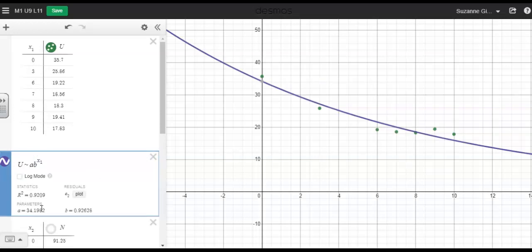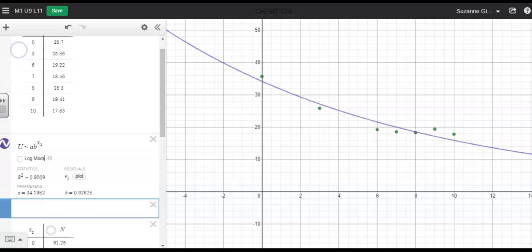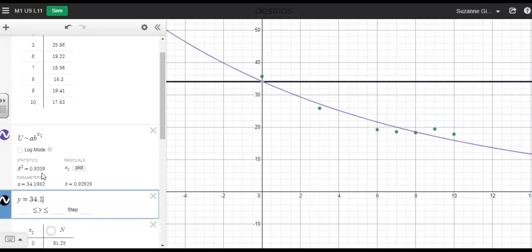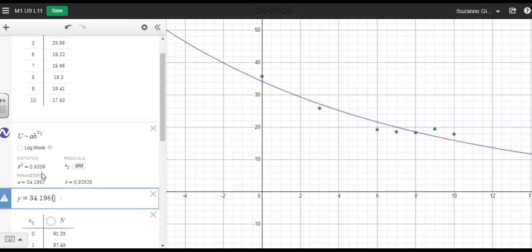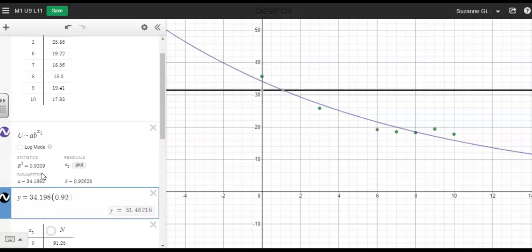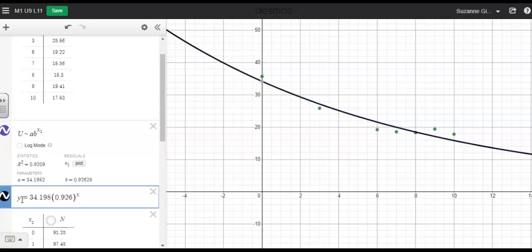All right, so here I have my parameters for a and b. So if I want that equation, I'll write y equals, and then a for my y-intercept, and then b for my rate of change, and my rate of change is less than 1 because it's decreasing, and there I have my exponential equation.